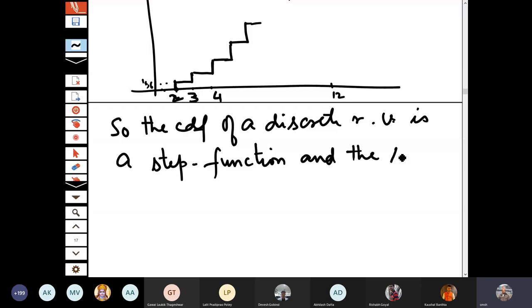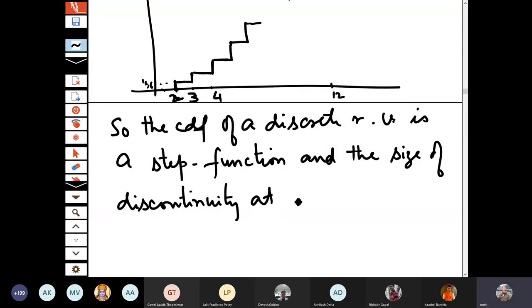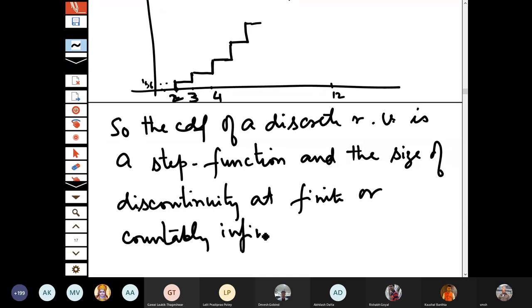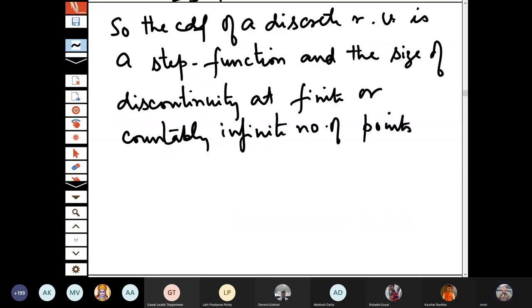And the size of the discontinuity at finite or countably infinite number of points determine the probability mass function.